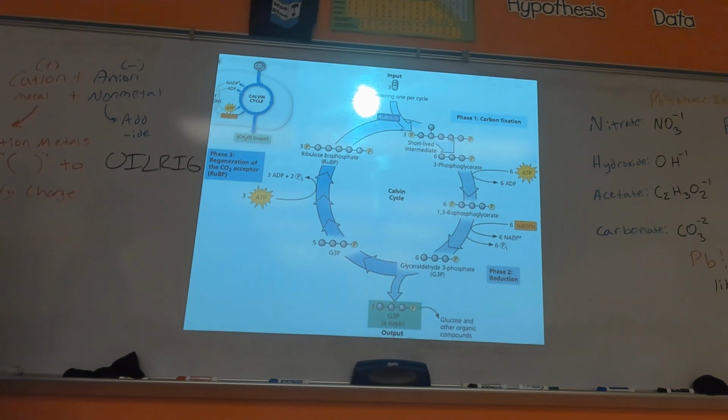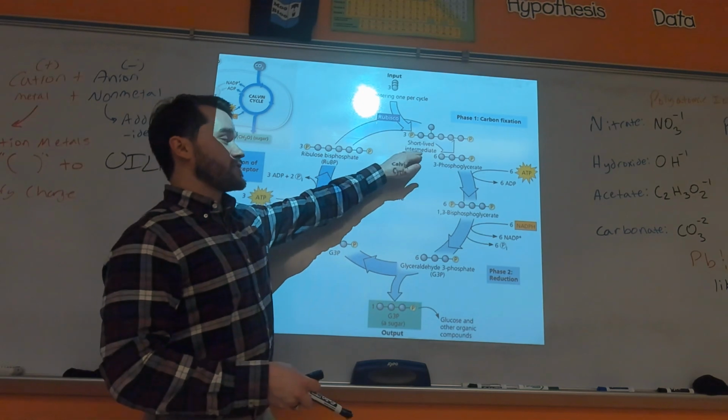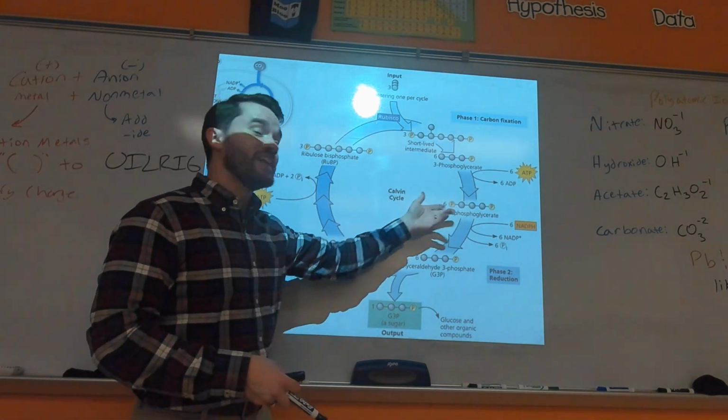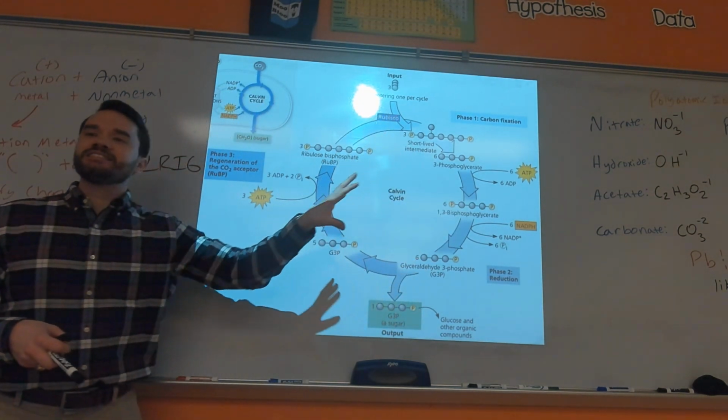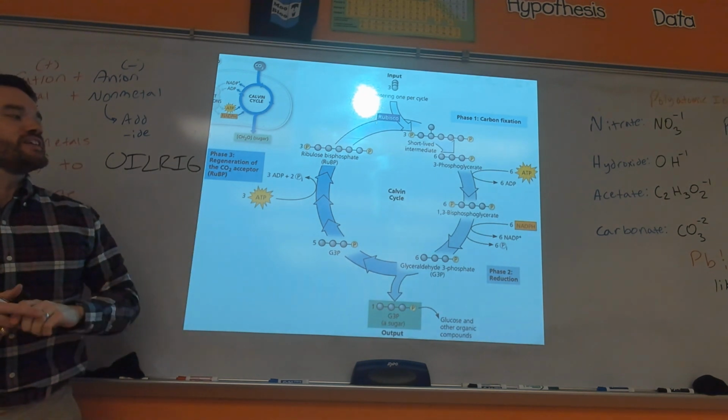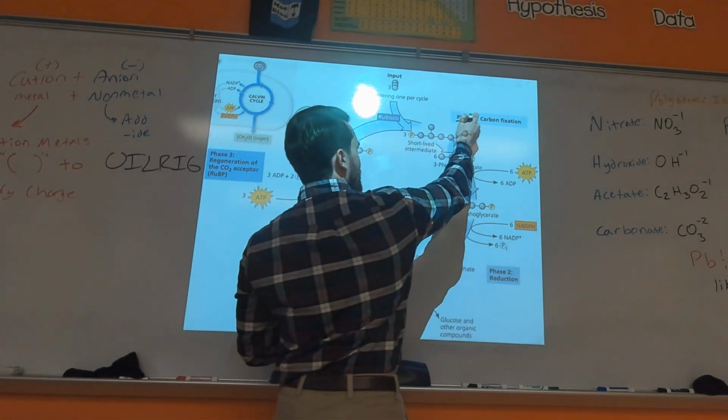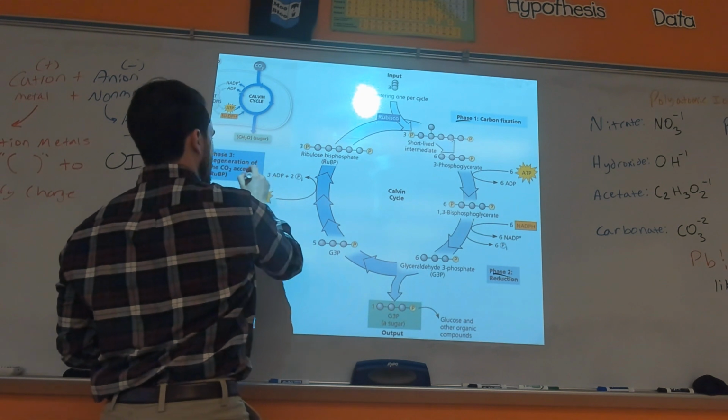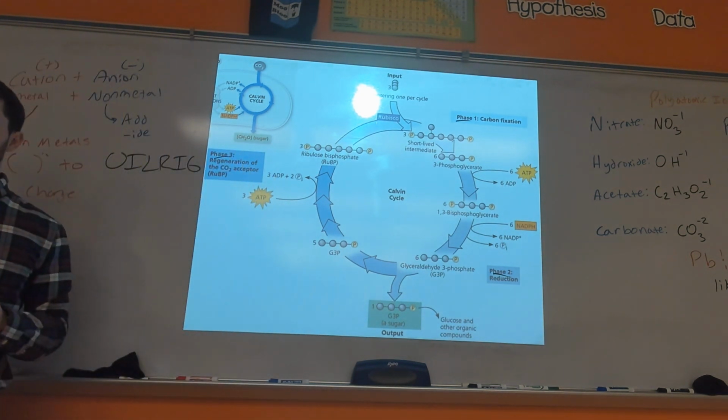I think really, unless you study plants, nobody's going to make you memorize this. First you have 3-phosphoglycerate, then you have 1,3-bisphosphoglycerate, and that goes to, you don't need to memorize that in that detail, but know the different phases, right? Phase 1, phase 2, and phase 3. That's what I want you to know.